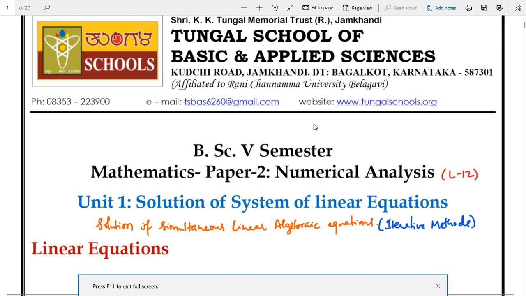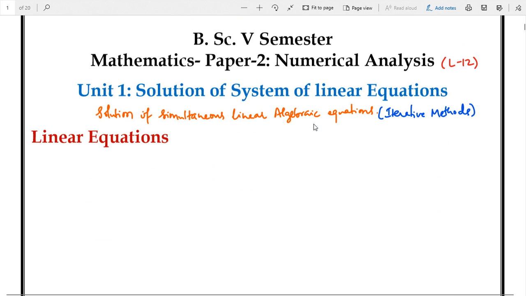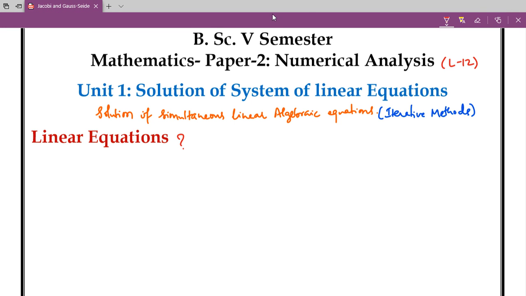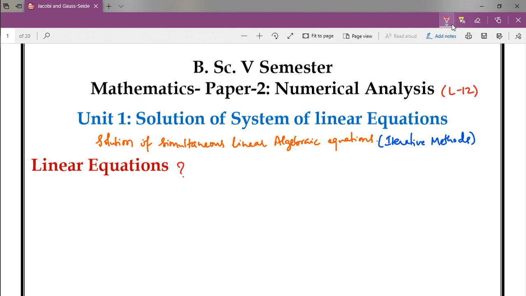Okay. So this is lecture 12. Now let us start with what is meant by a linear equation. We already know that an equation is an expression which is equated to some value.